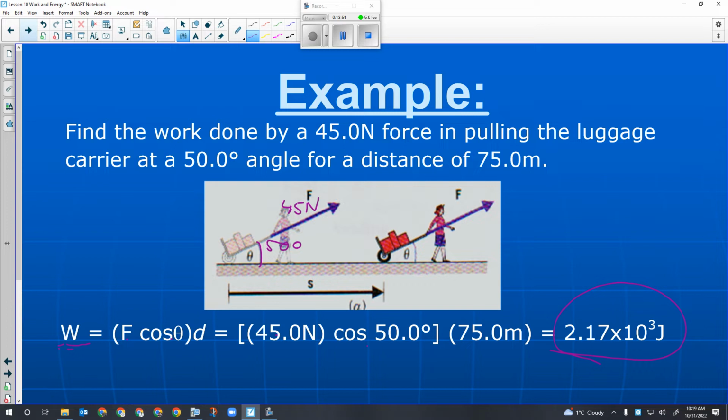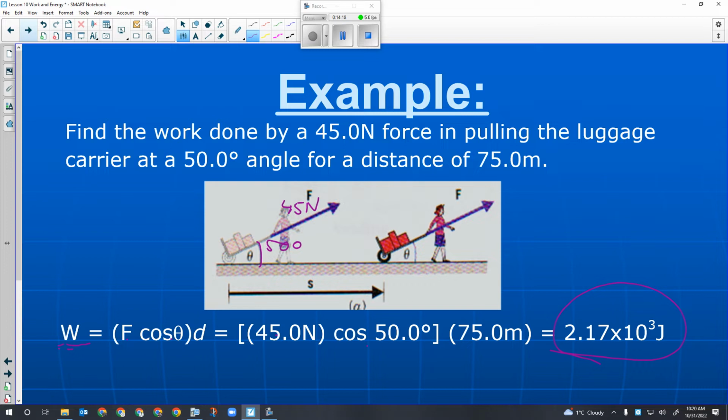What did I do work on? Yeah, the ground. What's between the ground and the suitcase? Friction. Do I have to overcome that? Yeah, so really what that represents is how much work I did against the force of friction trying to resist me pulling the luggage along. Okay? I didn't change the energy of the luggage, but I did do work.